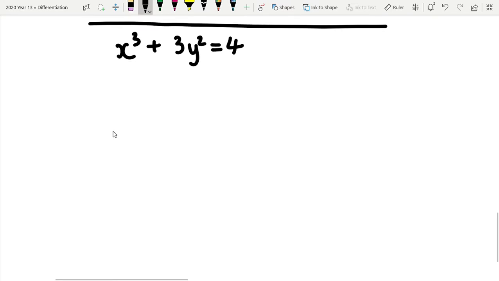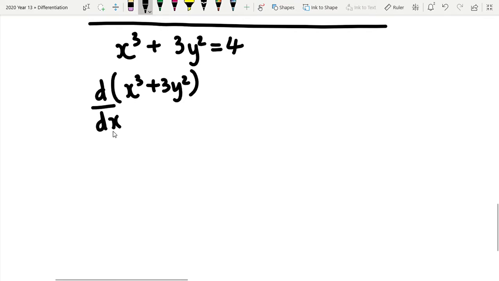Now, I want to find dy over dx. So I will make sure I differentiate the left hand side and the right hand side in terms of x. I put d over dx on the whole thing, x cubed plus 3y squared.